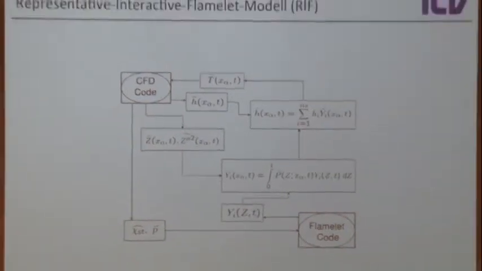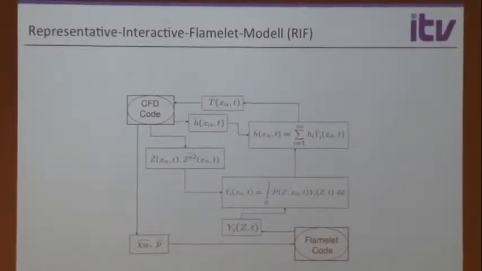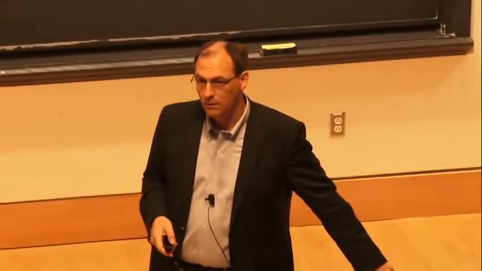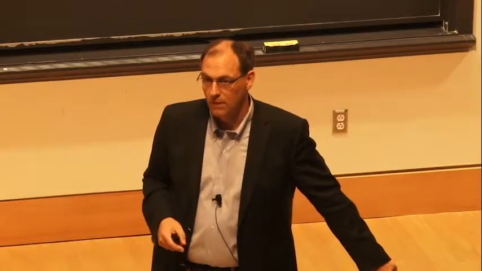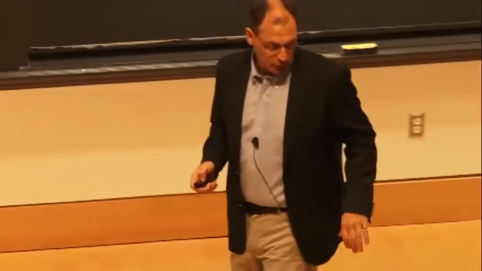Yes. In order to solve for the species in the flamelet code, you actually have to solve a sort of energy equation. Right. So now if you are using a compressible CFD code, you actually have two temperatures. Yes, see, that's one of the tricks.